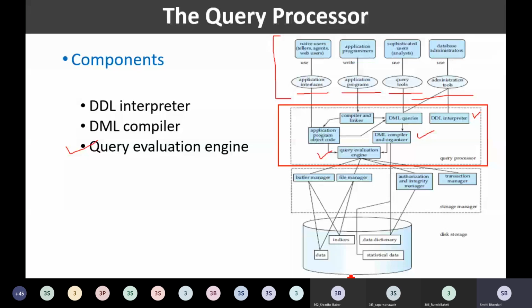So this query processor typically has three components: DDL interpreter, DML compiler, and query evaluation engine.